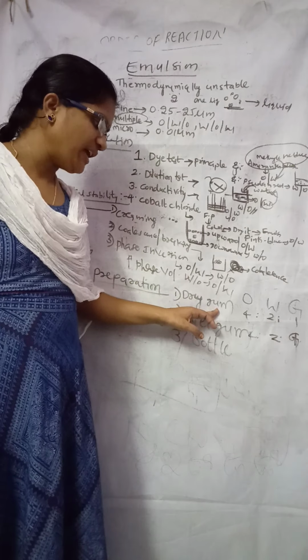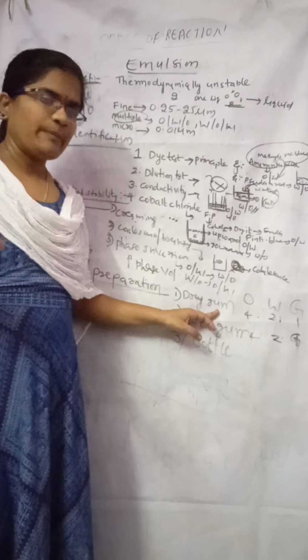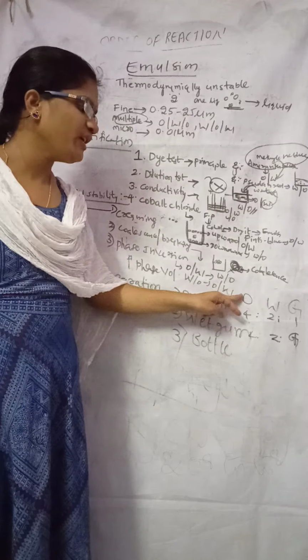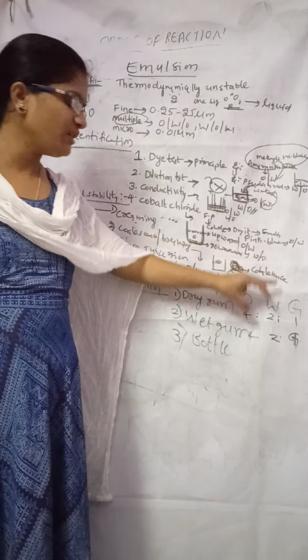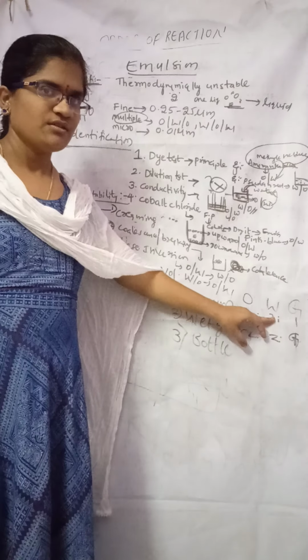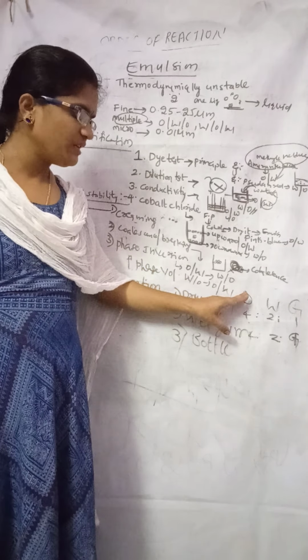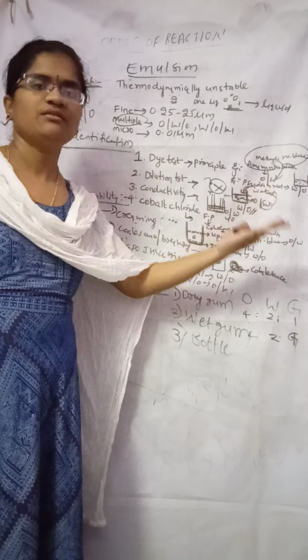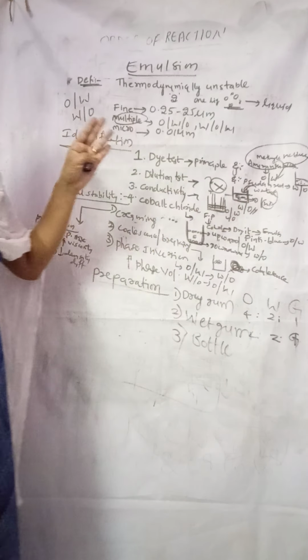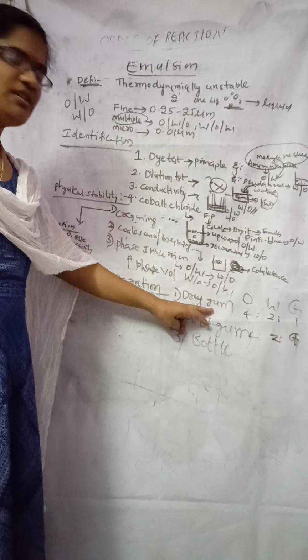Then what is the difference? In the case of dry gum, first you mix oil and gum together, so it will be the oil phase, then the water, the aqueous phase. After mixing the oil phase and gum, you add the water. So first it is a dry process. That's why it is called dry gum.